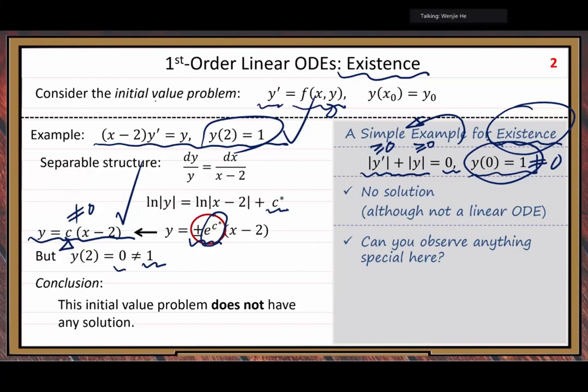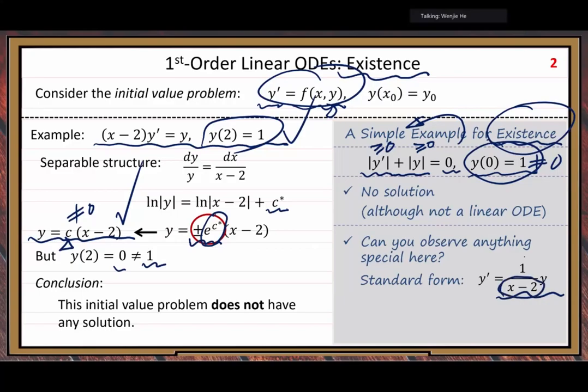Fortunately, we can see the answer quickly. Let's look at the standard form of this equation, y prime equals f function. Let's write it in the standard form: y prime equals the right hand side, f of x comma y. If you look at the f function, the denominator is x minus 2.